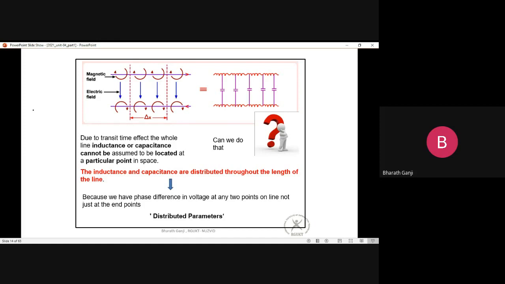So if there is a section of wire, and the input and output are not in the same phase, or there is a delay between the input and output. If this is input and this is output, usually network theory dictates that because this wire does not have any resistance, or say it is a lossless one, then definitely whatever voltage is here, that voltage should be here at the output. So Vi should be equal to V naught according to your network theory.